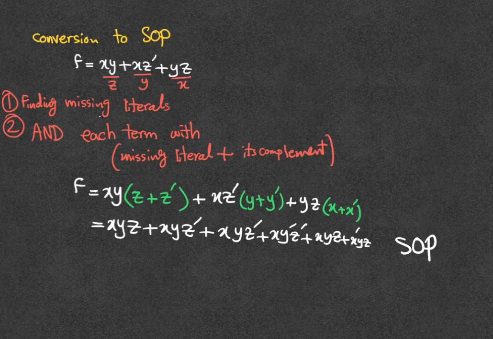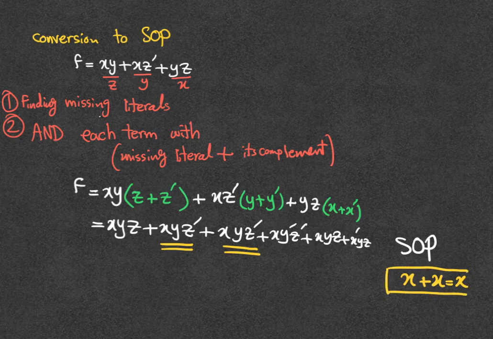And then you can see that these two are just repeated, based on the theorem that X plus X is just X. We use this theorem. You just write down one of them; you don't need to write both.